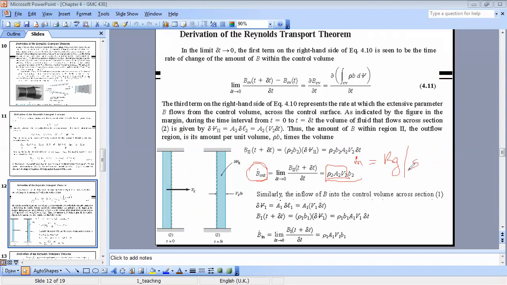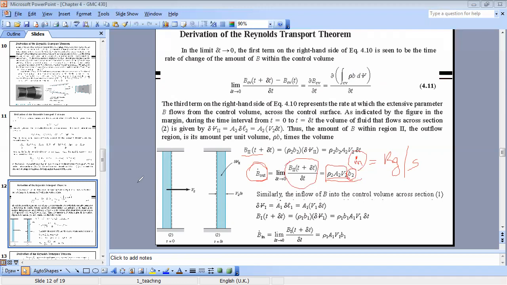So as you can see here, B dot out is m dot, which is the rate of mass going outside of my control volume, times the property small b. So in this way, we can say that the second term, which is B2 over delta t, represents a flow rate of the property that is getting outside of the system.